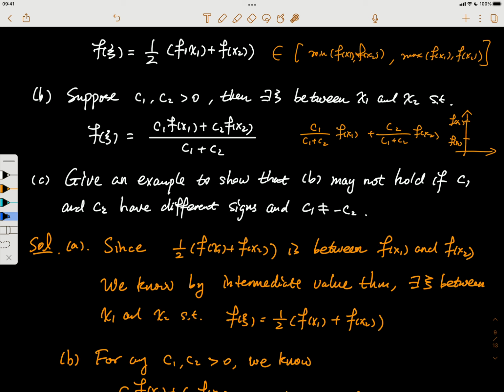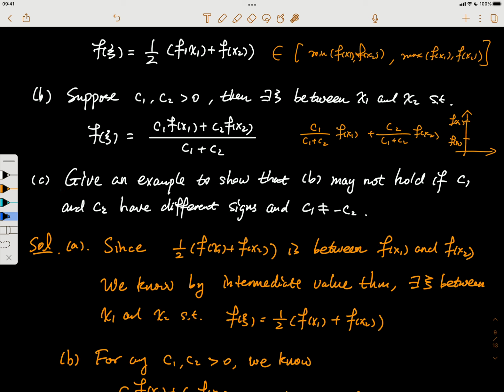Then in this case you're just reaching this point. If c2 is 0, just reaching there. If c1 and c2 are both positive, it will be somewhere in between. So for any number in between, by the intermediate value theorem, there must be a point taking this value. Any value in here, you will be able to find a point that's taking the value there.